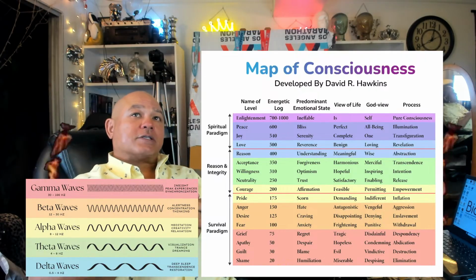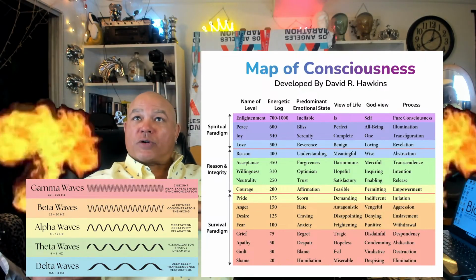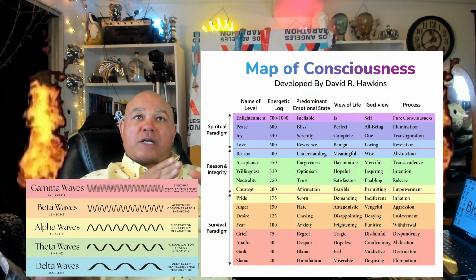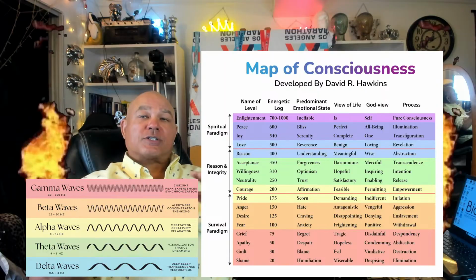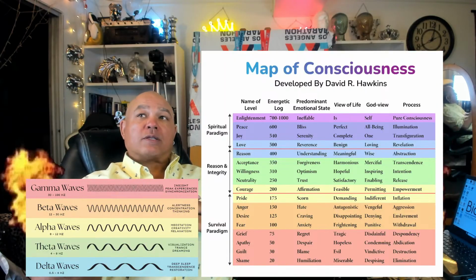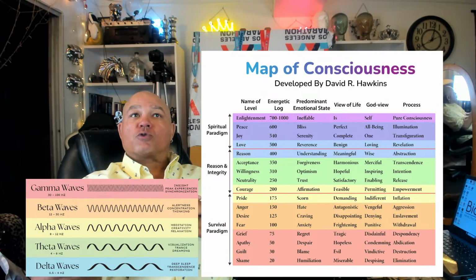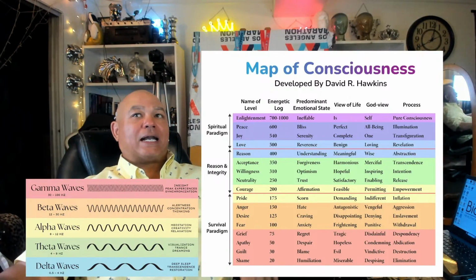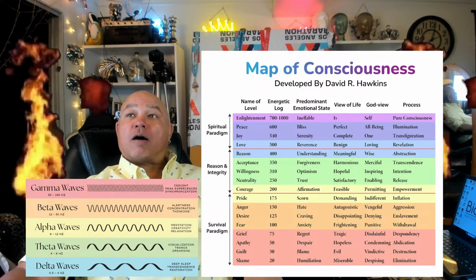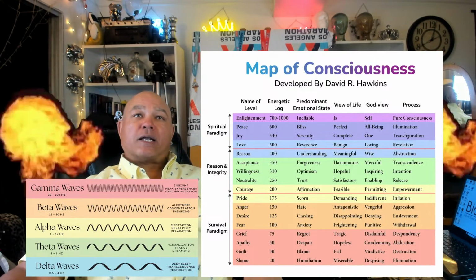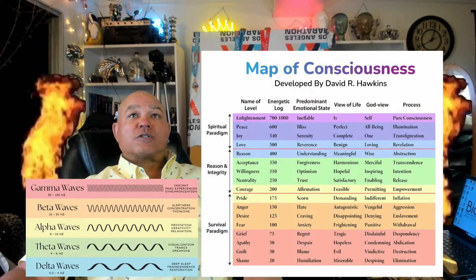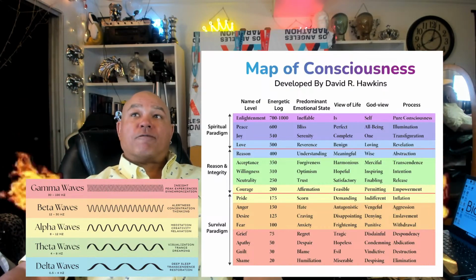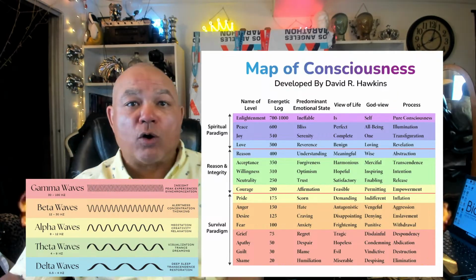David R. Hawkins, a pioneering psychiatrist and consciousness researcher, mapped human evolution through his logarithmic scale of consciousness ranging from 1 to 1,000, where lower levels reflect survival-driven energetics and higher ones embody spiritual paradigms of unconditional love and enlightenment. Hawkins' framework posits that ascending this map involves transcending ego-bound paradigms.